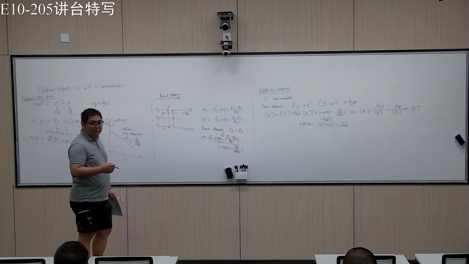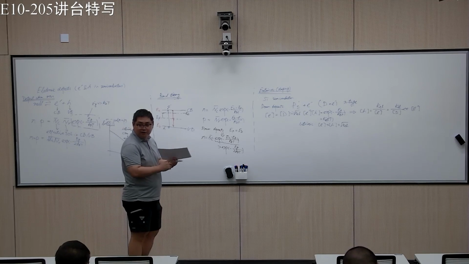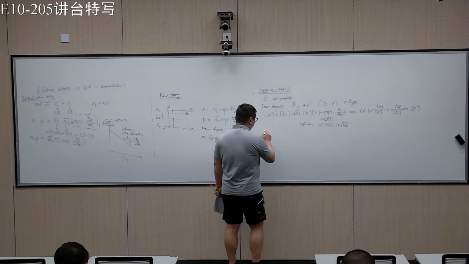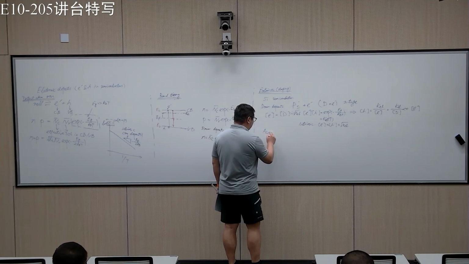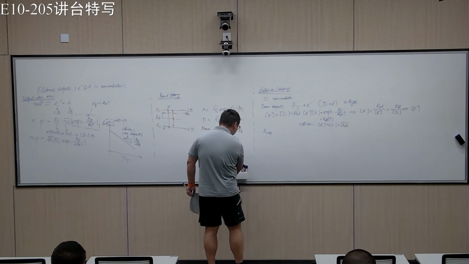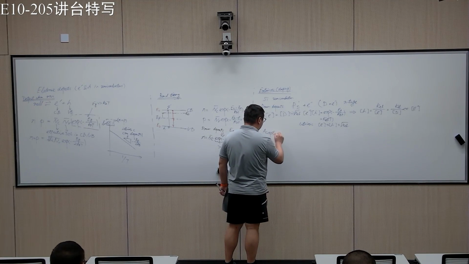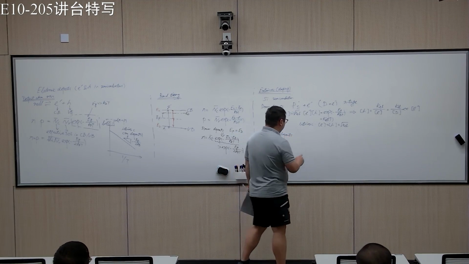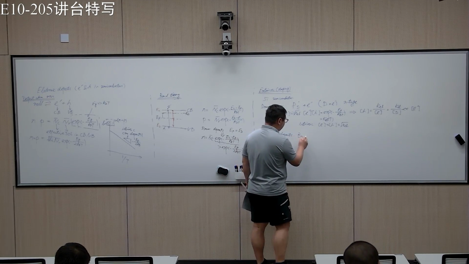Also you can imagine, questions? No? Okay. You can imagine that we can also have an acceptor dopant. For example, we put boron into silicon.